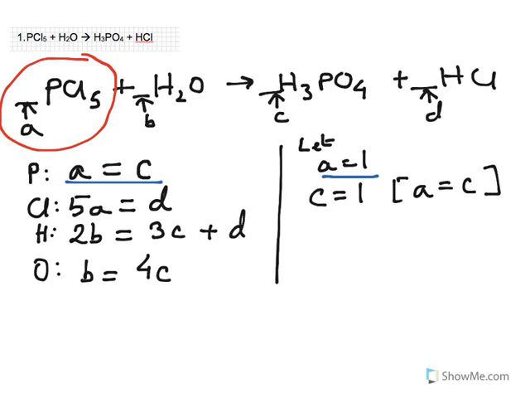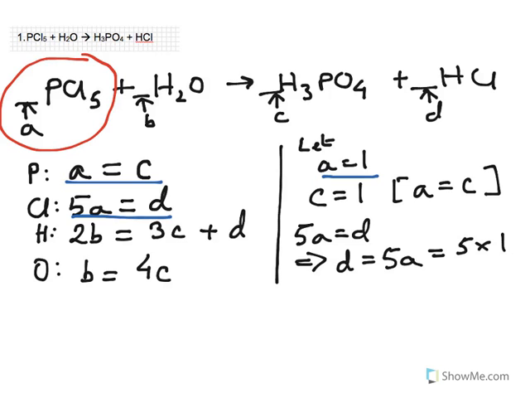We have 5A equal to D, and we know that A is equal to 1 because we already set it as 1. So let's rewrite the equation on the right side. We have 5A equal to D, which is the same as D equal to 5A. Since A equals 1, we can say that D equals 5 times 1, which will give us 5. Therefore, D is equal to 5.